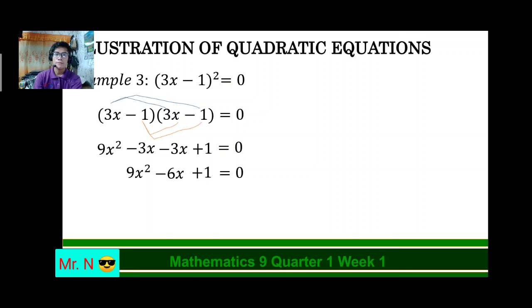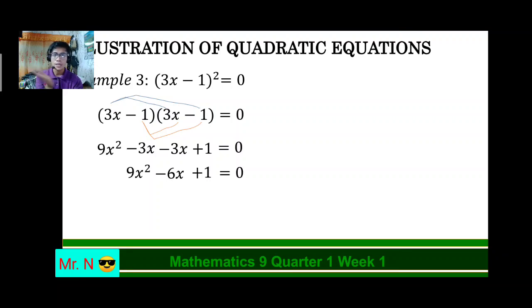Let's check if it is written in standard form. Una-una, obviously, it is a quadratic equation. So, let's check kung naka-standard form na siya. 9x squared, quadratic term, check. Negative 6x, linear term, check. 1, constant term, check.